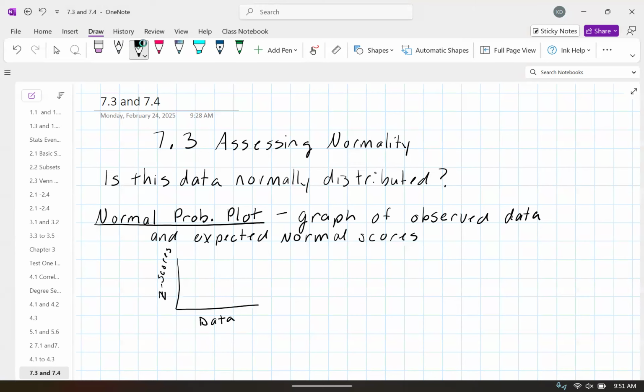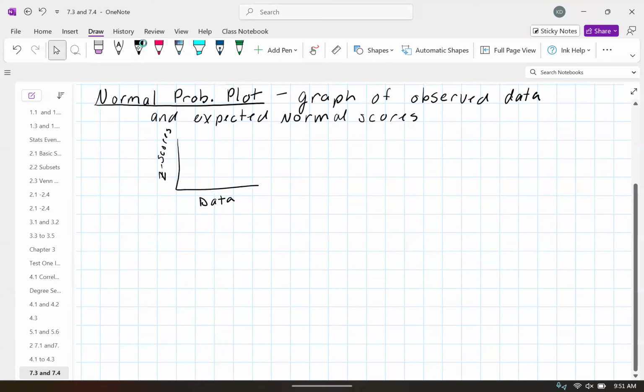All right. And a normal score is the expected z-value, or z-score.